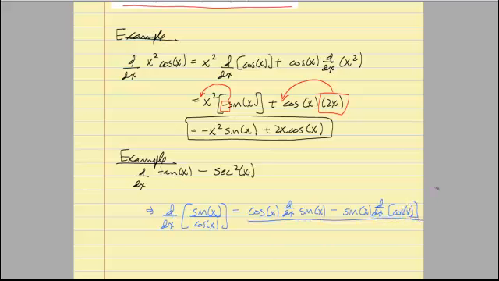Now we have to talk about this squared notation again. With this squared notation, I could write cosine squared of x. I could also write it as cosine of x quantity squared. A lot of people are writing it cosine of x squared, and then I also have this other cosine of x squared. So which ones are good?